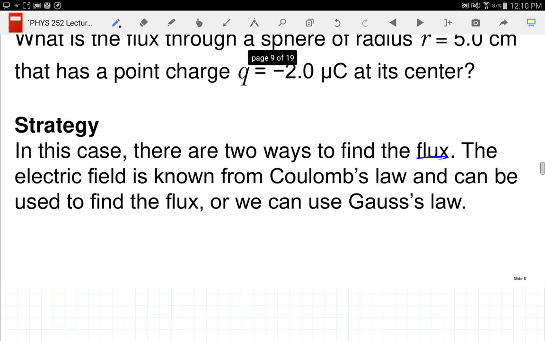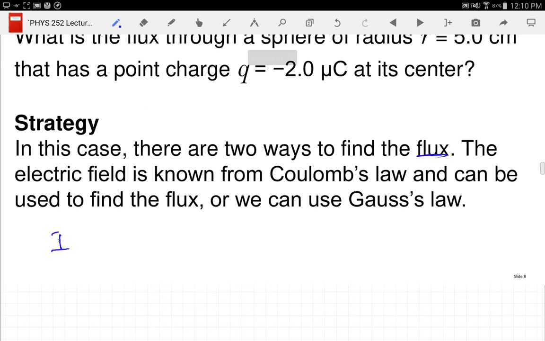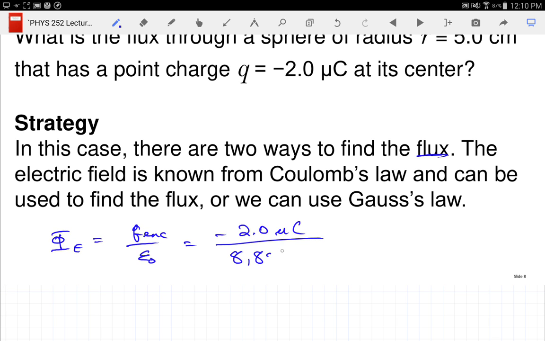So I can take this and answer right away. The flux is equal to charge enclosed over epsilon 0, equals minus 2.0 microcoulombs over 8.85 times 10 to the minus 12 Newton meters squared per coulomb squared. Actually, no, those aren't the units.